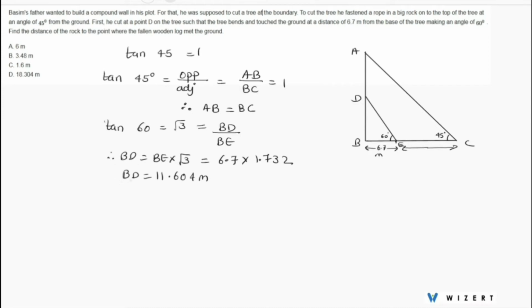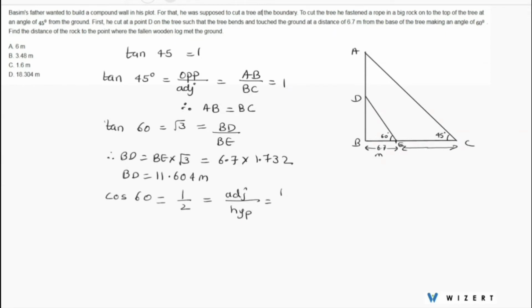Yes, so now we have BD, and from the same triangle, that is BDE, we can find the length of DE by using cos 60, which we know as 1 by 2. We also know that cos 60 is adjacent upon hypotenuse.